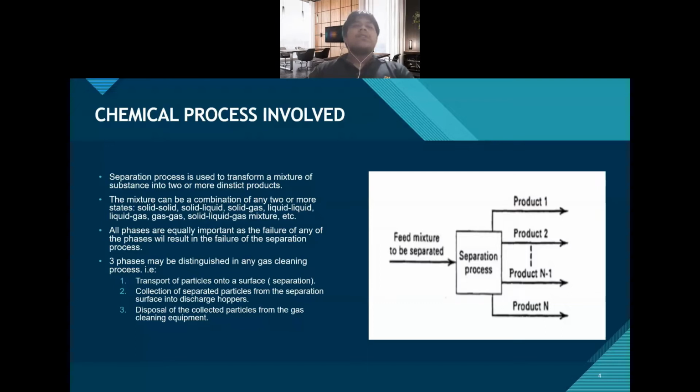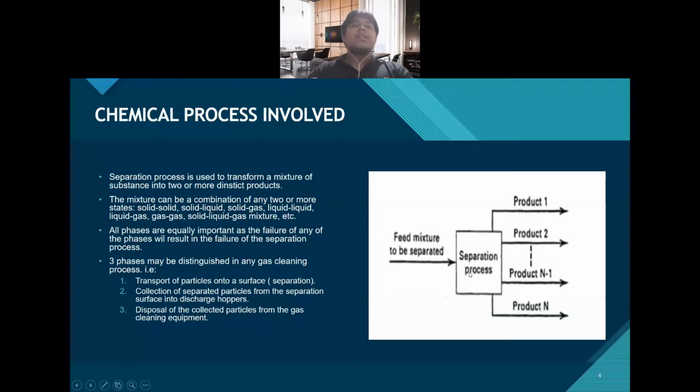So the phases are... the feed in the mixture is equal to the product after the separation process.